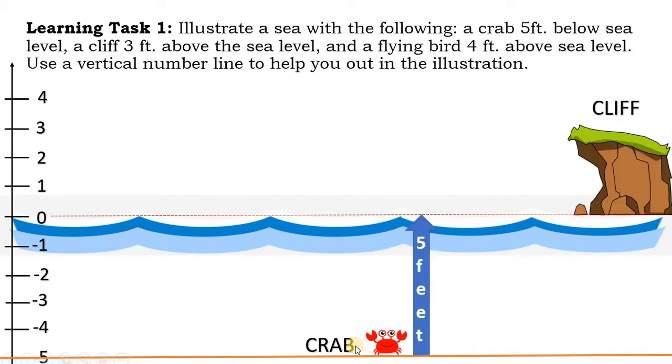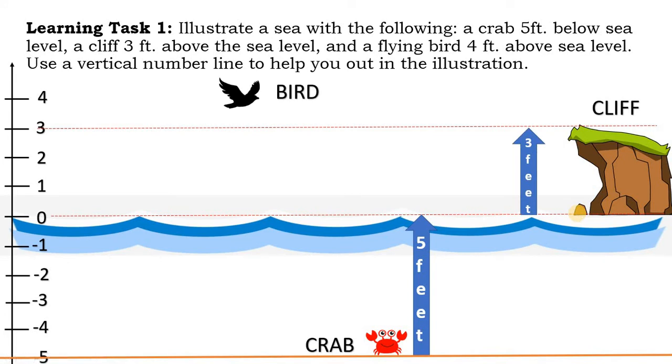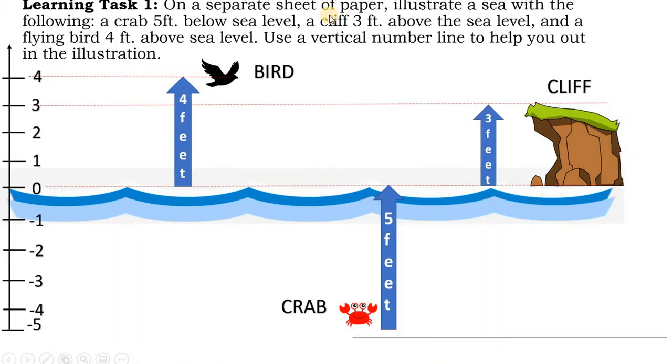Ayan. And then, the cliff 3 feet above sea level, and a flying bird 4 feet above sea level. Yan. So, yan yung illustration natin dito sa situation. Now, let's answer the following questions using this illustration.